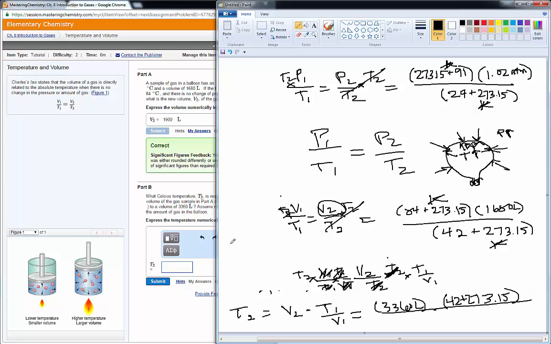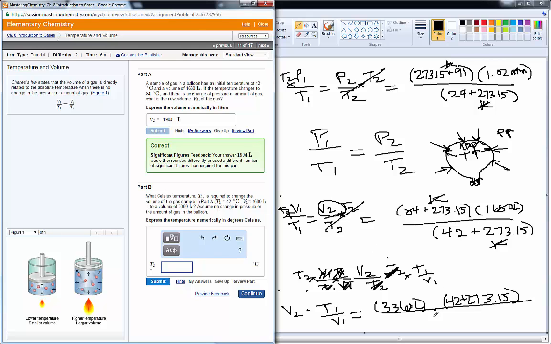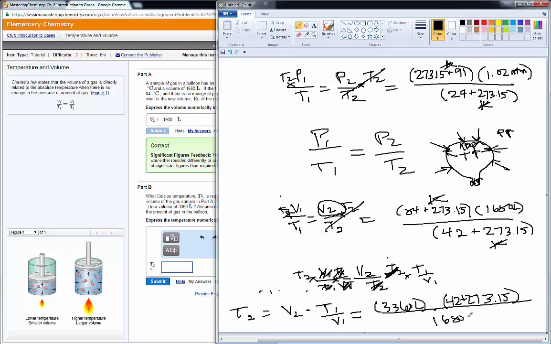And divided by my initial volume, which again was 1680 liters. Liters cancel.